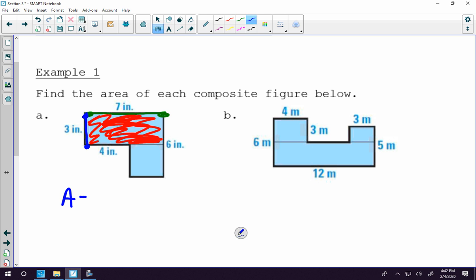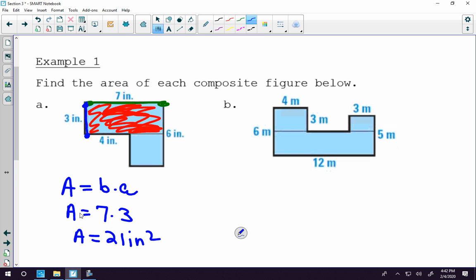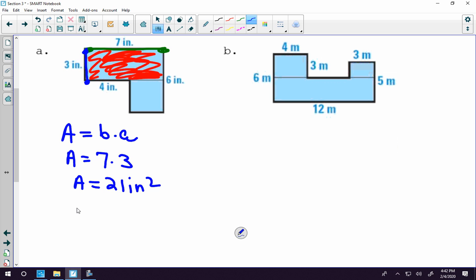So the area of this rectangle, using area equals base times altitude, substituting in 7 for the base and 3 for the altitude, we know the area of that rectangle I just shaded in red is 21 square inches.